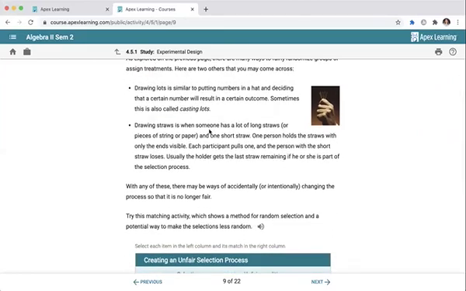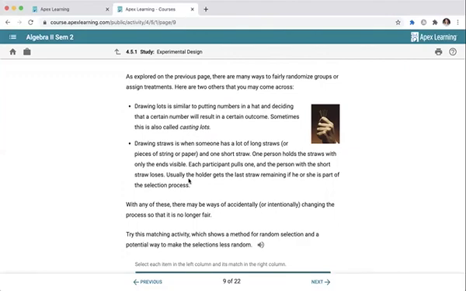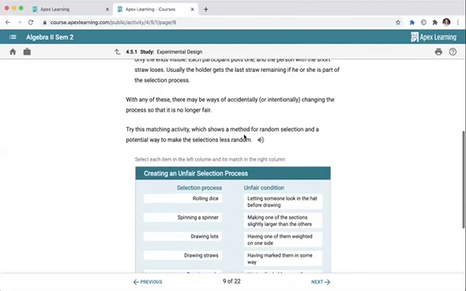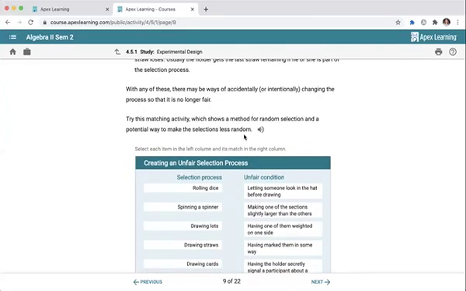One of those could be drawing straws, or putting numbers in a hat in a certain order, right? Putting more numbers in a hat than other numbers, right? So again, it's all talking about you've got to make sure that it makes a fair selection process.